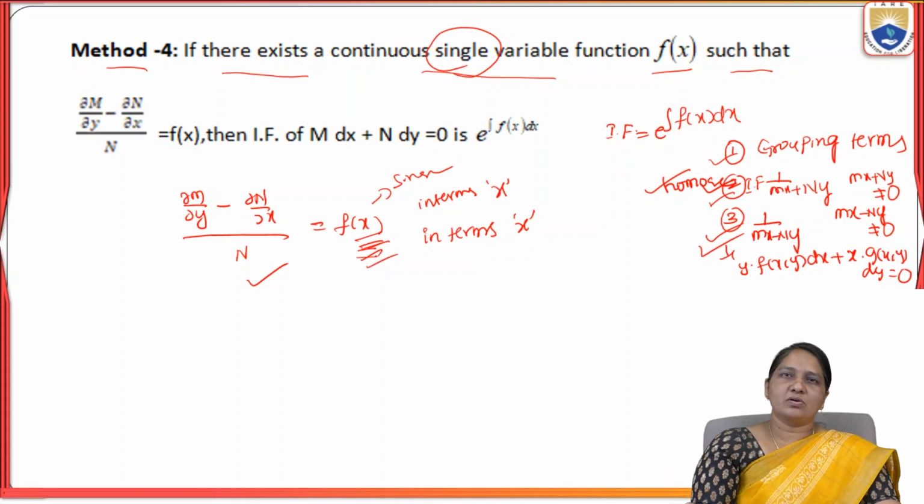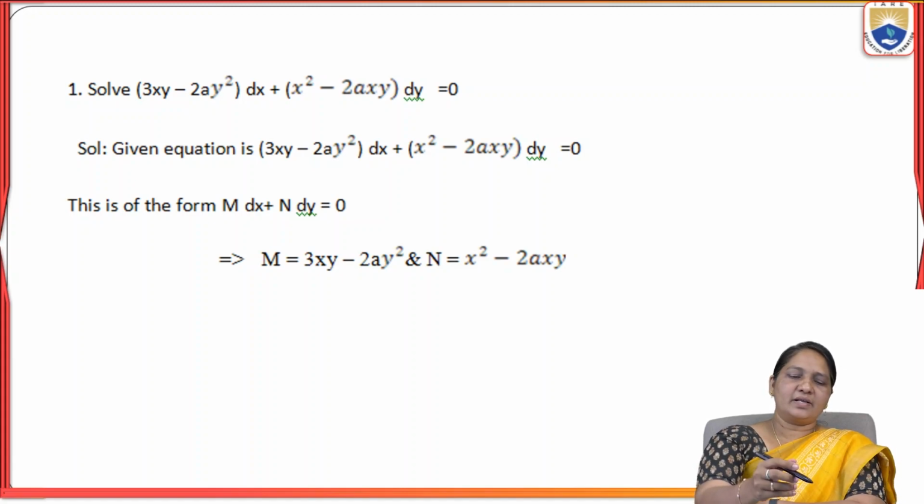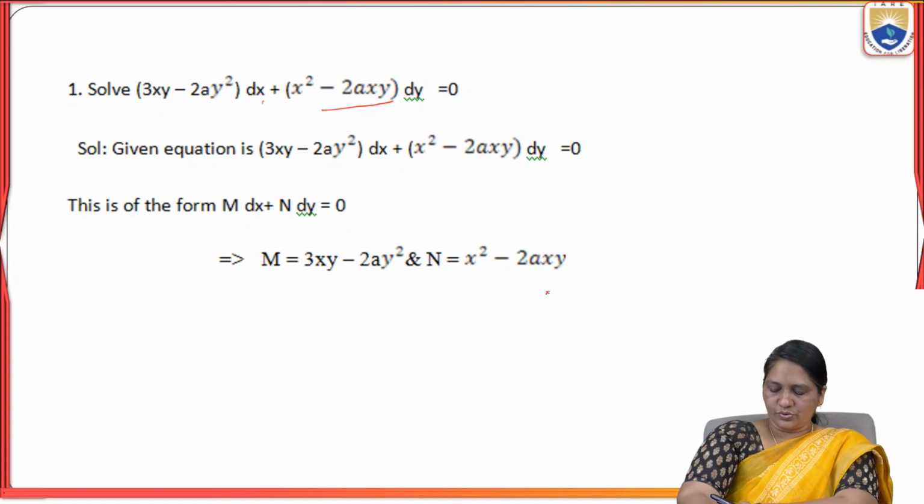How we can solve and apply method 4, we are going to see now by using an example. Solve (3xy minus 2ay²) dx plus (x² minus 2axy) dy equal to 0.